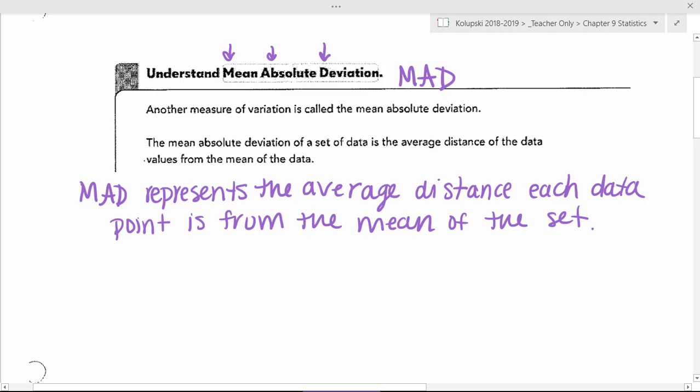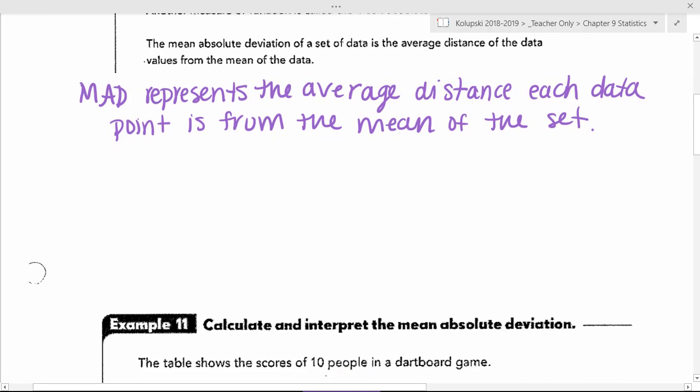So basically, if we find the average of all of our data set, which is our numbers, we're going to figure out how far apart by the distance is each of those numbers from the average.